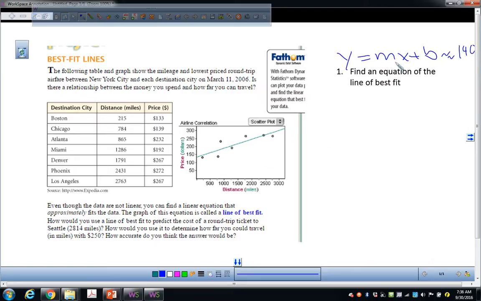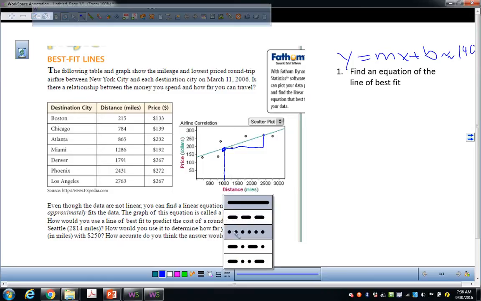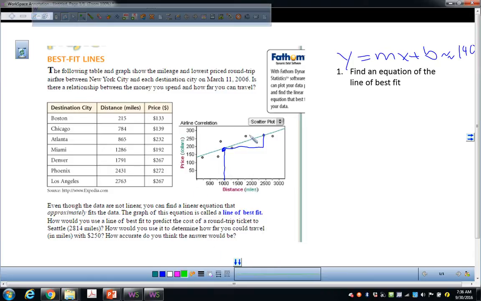Now the hard part people have is with the slope. When I'm trying to find the slope of something like this, it's kind of hard on here because I don't have graph paper, but you could either pick two points, or look at it and approximate. I'm going to make this dotted, with no arrows.